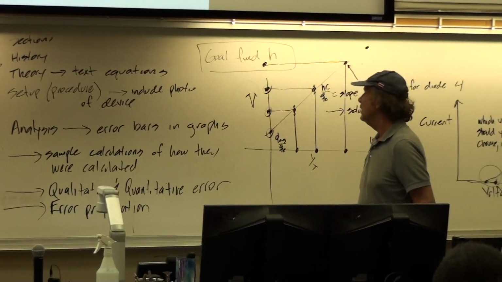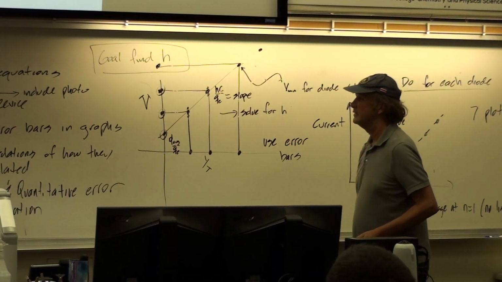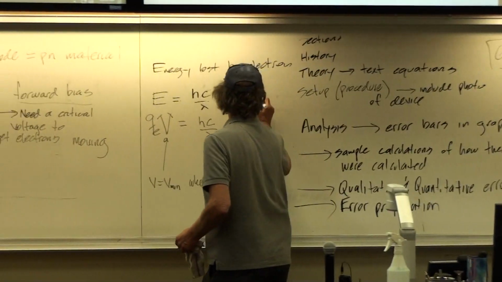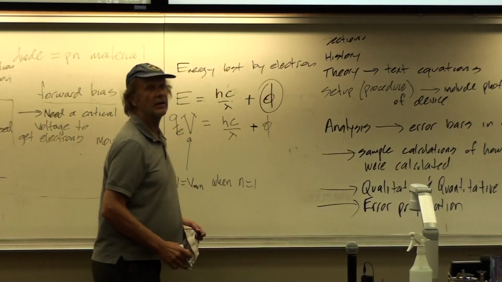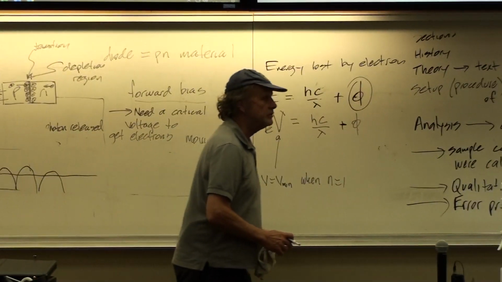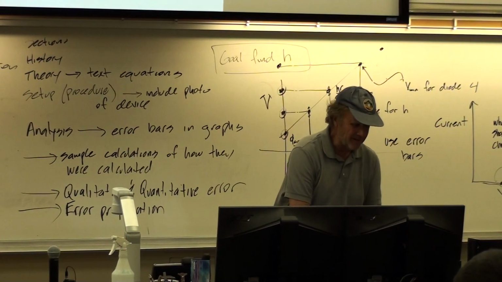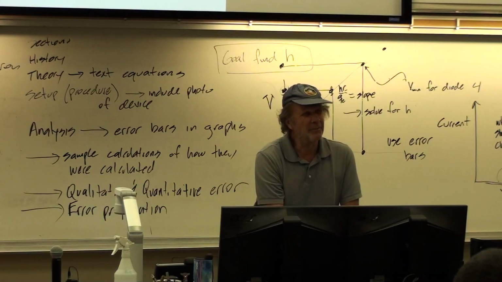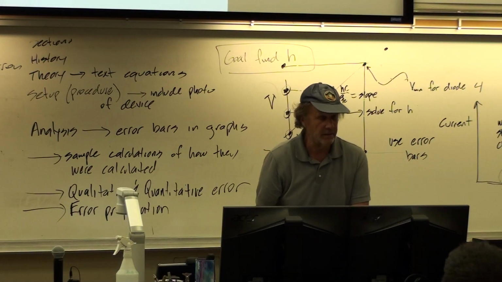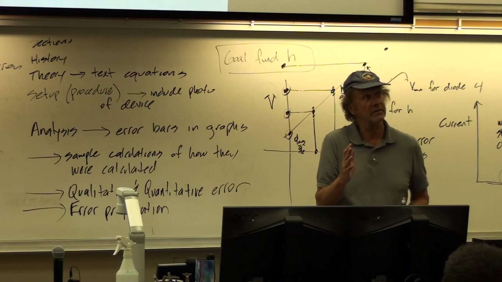Another example of error propagation which could work for this lab is what happens if the LEDs aren't all the same. You can assume, I think for this lab, somewhere in there it was saying that because of impurities in the material, you might get a little bit of a spread in the wavelengths, maybe plus or minus 5%.